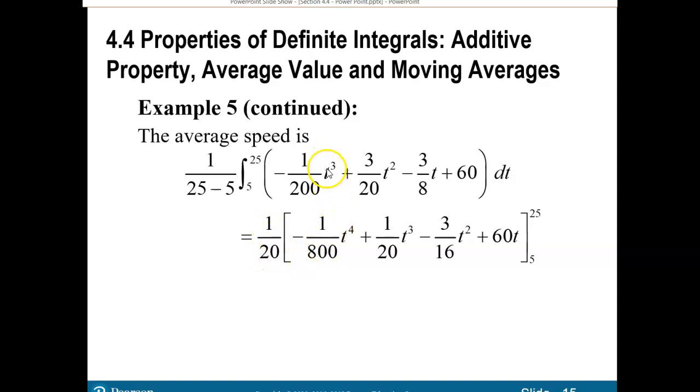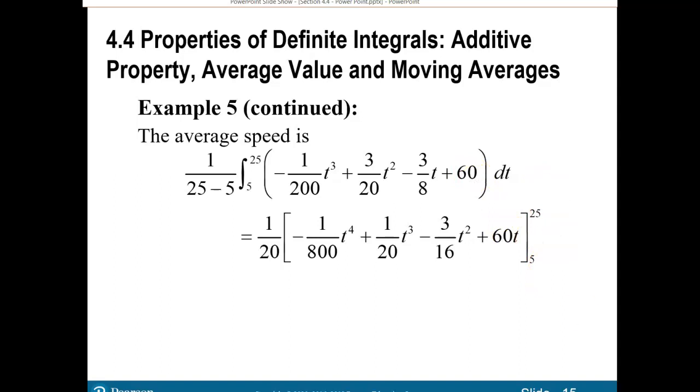My antiderivative, t to the fourth divided by 4, makes this an 800. Keep the negative. T to the third divided by 3 cancels the 3 on top. So 120 of t to the third. T squared divided by 2 multiplies this 8 by 2. So a 16 with the 3 stays on top. And then 60t.